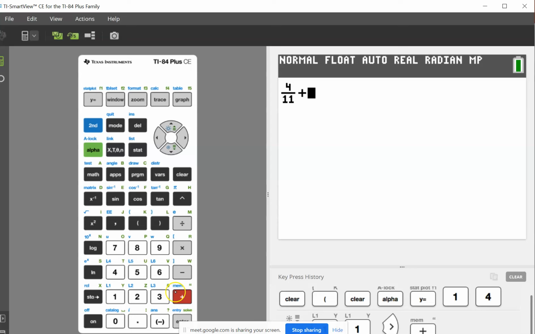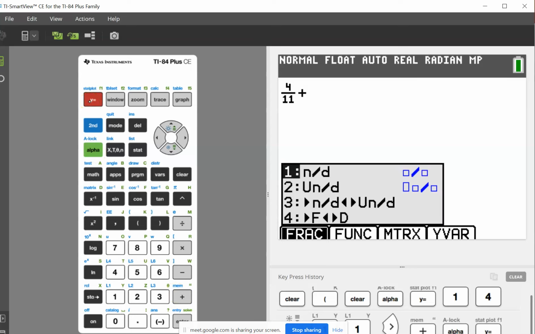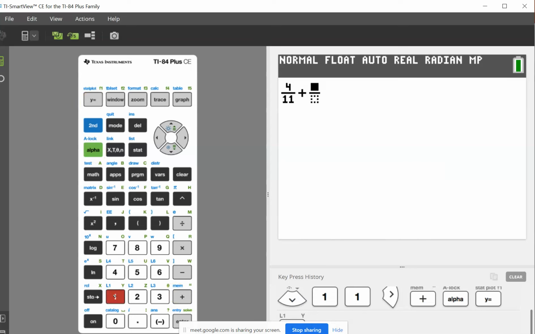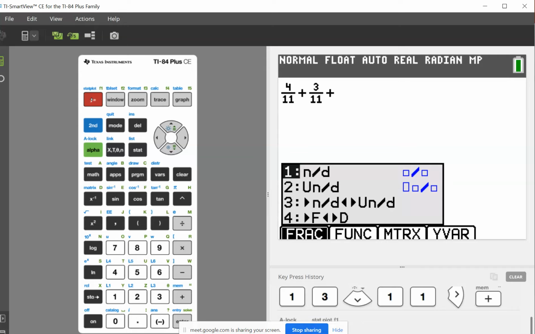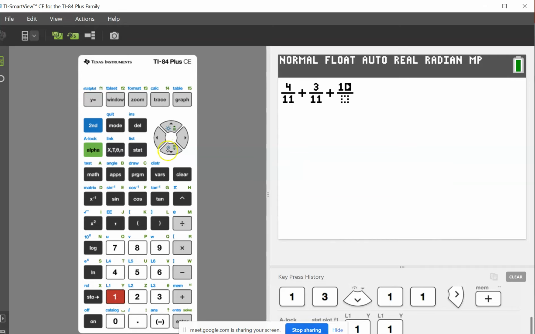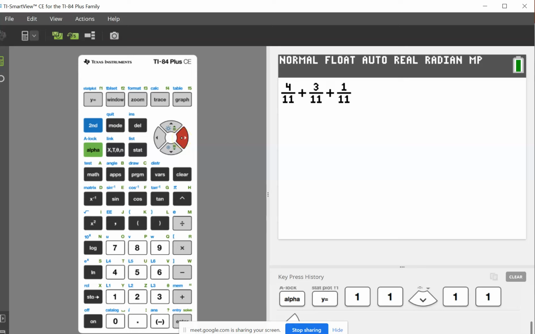You can then key each of these in, and each time you just do alpha y equals number 1 before you type in your fraction. When the cursor is still in the denominator, use the right arrow key to move it out from underneath, and then you can continue on to the next part of your problem. So this was the first one that we just did. I just entered it on the calculator, and we get our 8 elevenths.